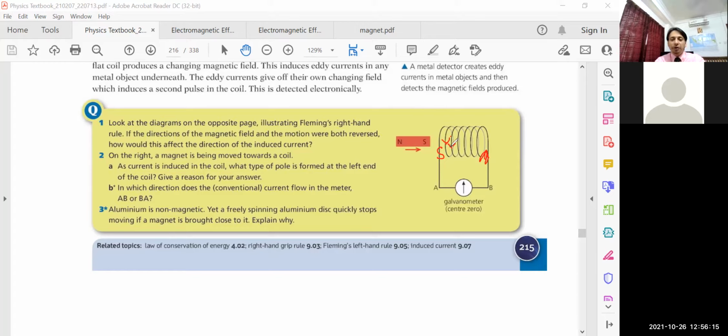What is the reason for it? Explanation of Lenz's law you have to write. According to Lenz's law, current will be in the clockwise direction so that it can oppose the factors which are responsible to induce a current in the coil.